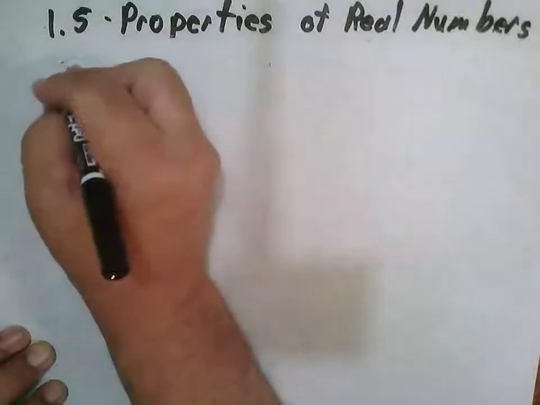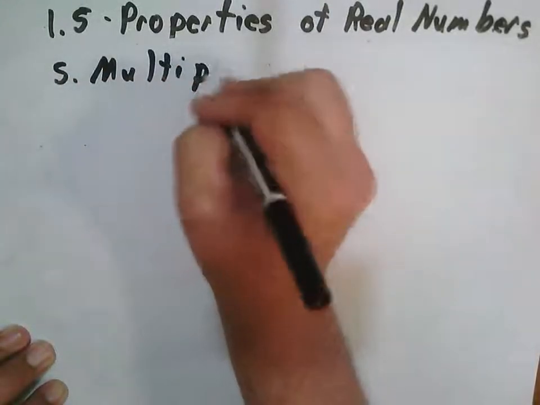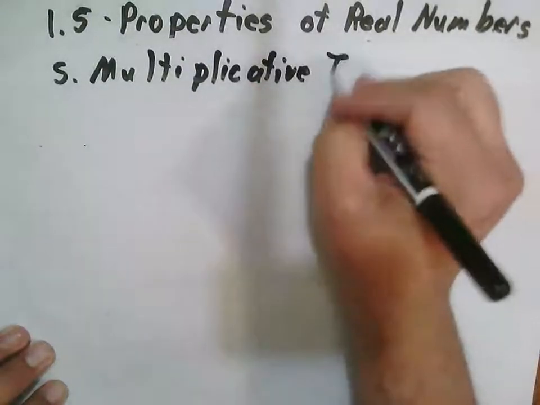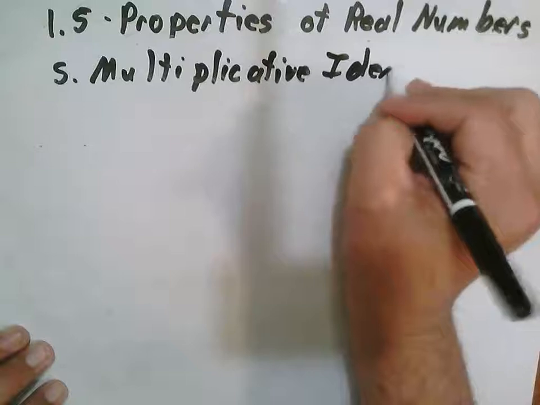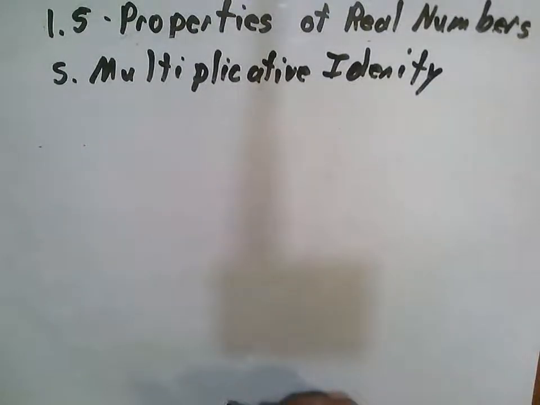The next one, which is number 5, and there are only 7 of these, and like I said, these are getting shorter, is the multiplicative identity. And the multiplicative identity is basically just saying that a number multiplied by 1 is itself.